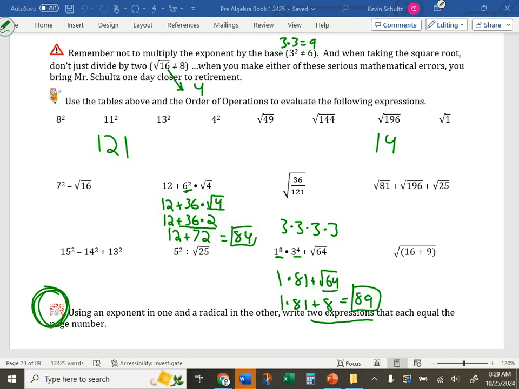And then another expression that uses a root. You can use other stuff too, but it's got to have a root, to equal 23. So two expressions, one with a power, one with a radical, other stuff too, but they both have to equal 23. You can use addition, subtraction, but it has to have a power, it has to have a root, other stuff can be used as well.